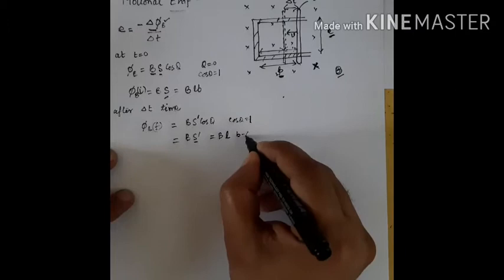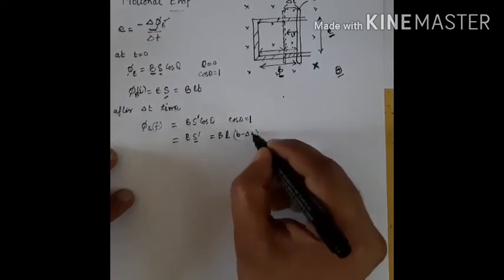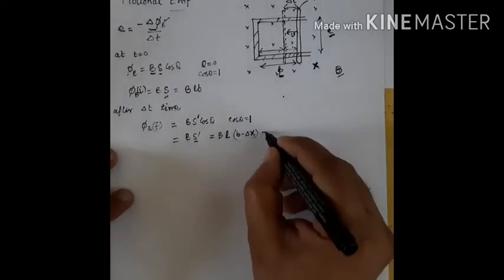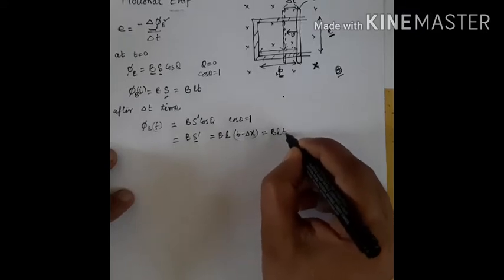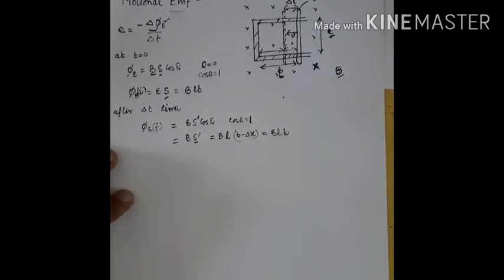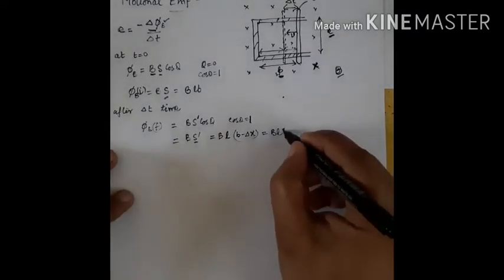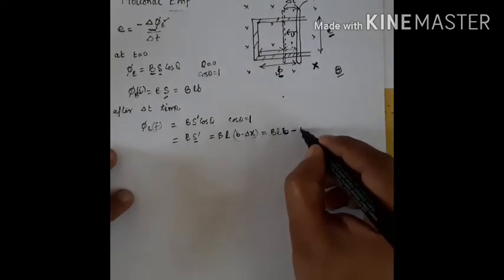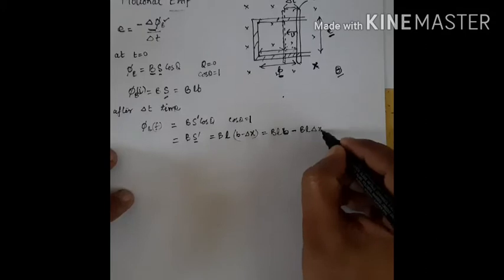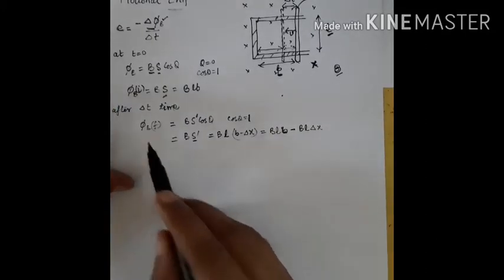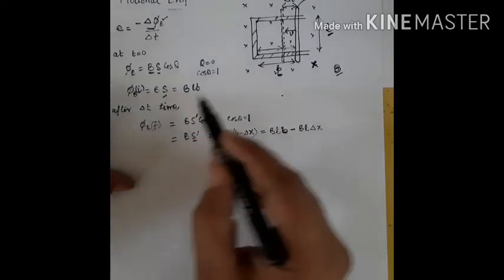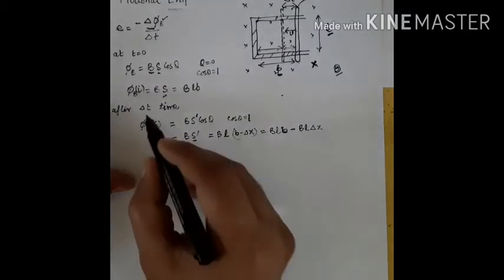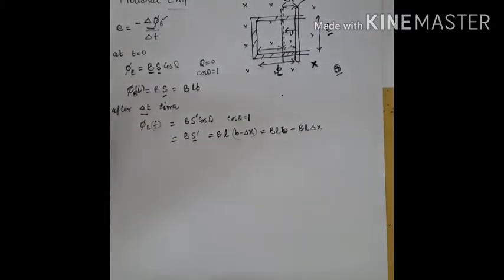Opening the bracket, what do we get? It is BLb minus BL delta x. This is the magnetic flux linked for this rectangular diagram after time delta t.